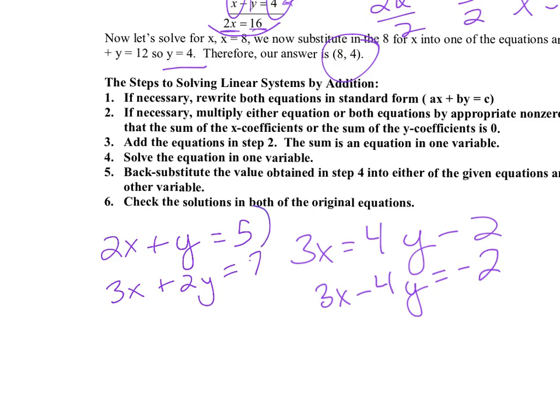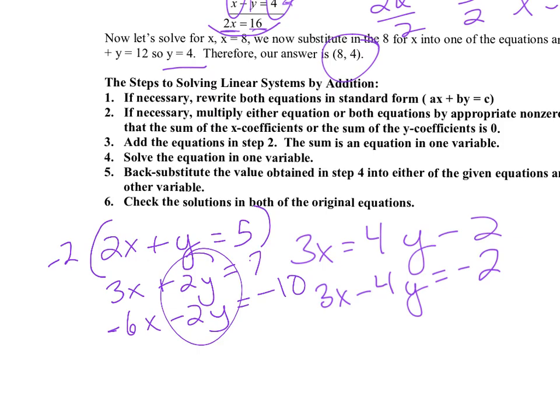If I multiplied through this entire equation by -2, that would give me -6x minus 2y equals -10. Now I could add these and the y values would go away. Here I have multiplied by a non-zero number, -2, and gotten an identical equation. It just has a slightly different form. So I'm able to add these together and get rid of the y values. That's what number 2 is saying.